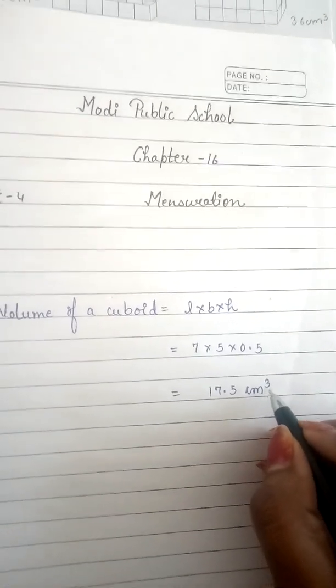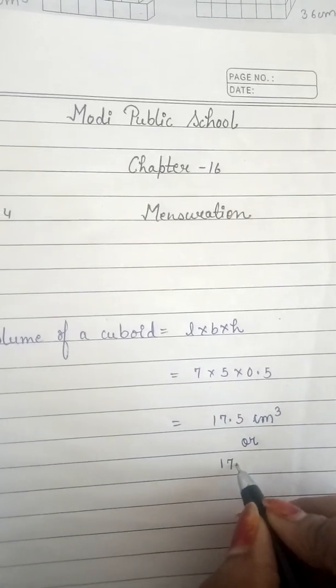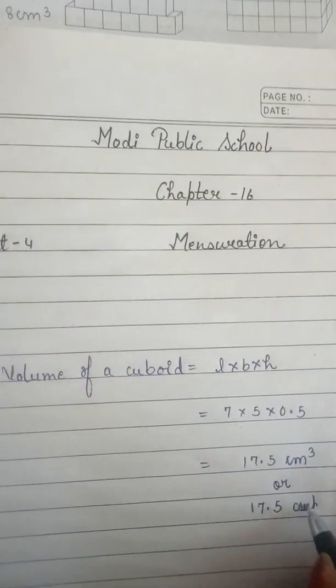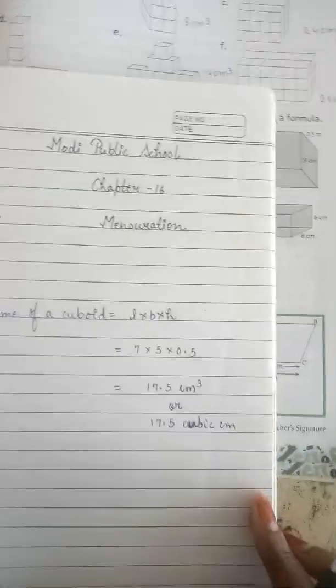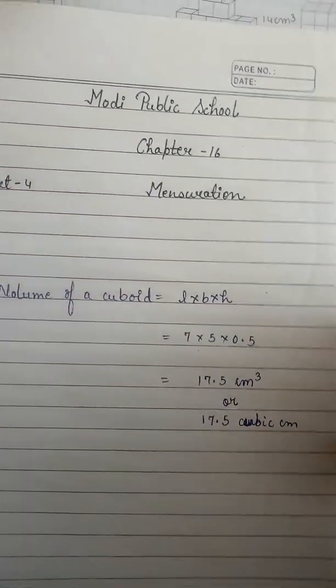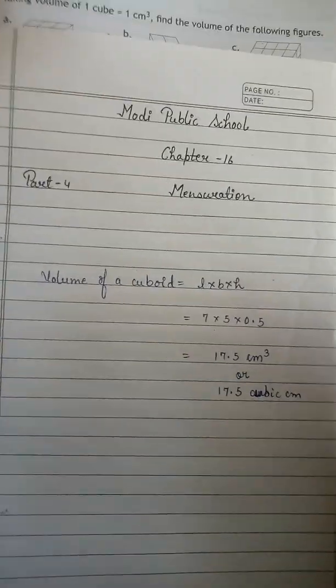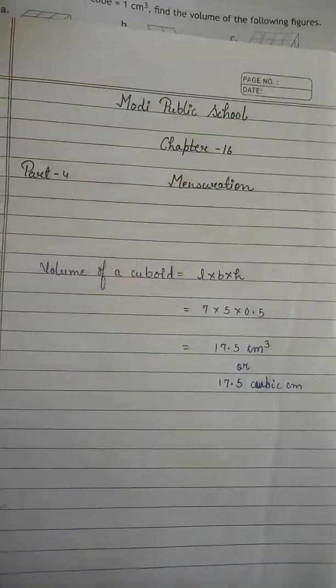We can write it like this, or another way is 17.5 cubic centimeter. This is how we write units while we calculate the volume of any figure. This is the unit, cubic centimeters.